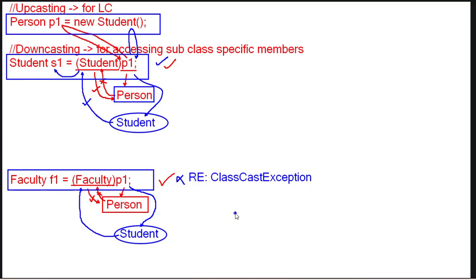Now, that is ClassCastException. An unexpected thing happened. Why? The expected object coming from P1 is Faculty, but the coming object is Student. Student cannot contain faculty members, cannot be converted to Faculty. It leads to ClassCastException. Understood?